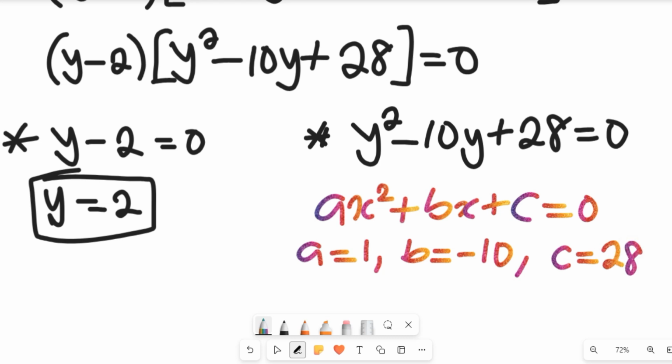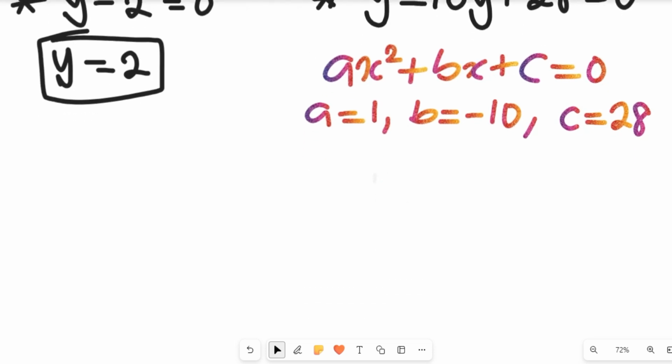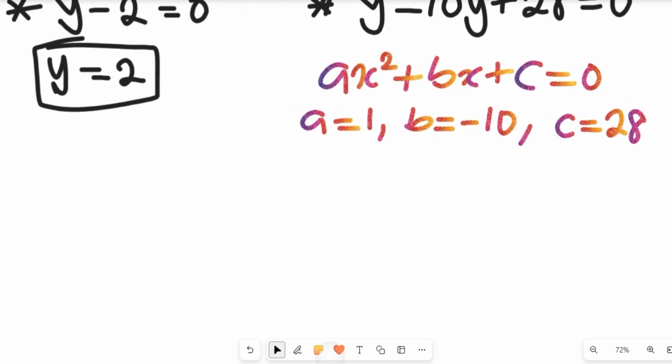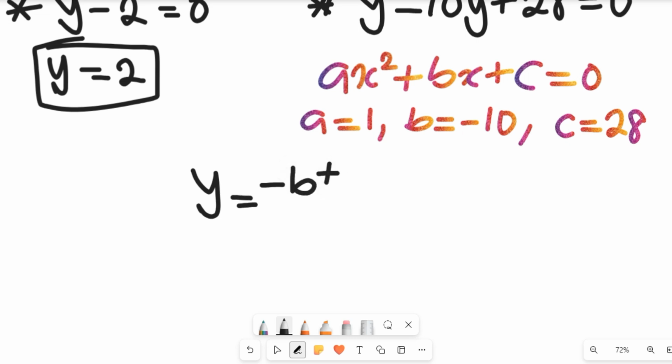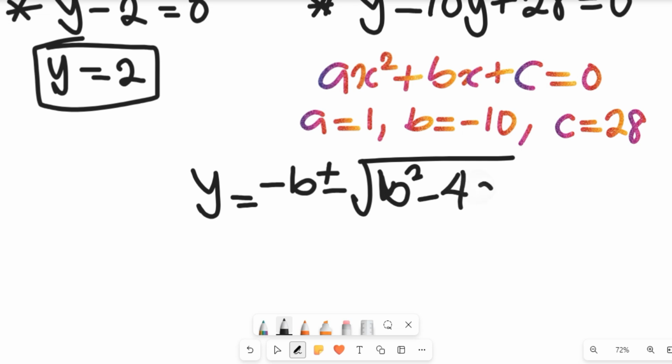So if we use the quadratic formula to find the value of x, that expression will now give us what? That expression will now give us the value of our y to be equal to negative b, from the algebraic formula, plus or minus the square root of b squared minus 4ac, all divided by 2a.